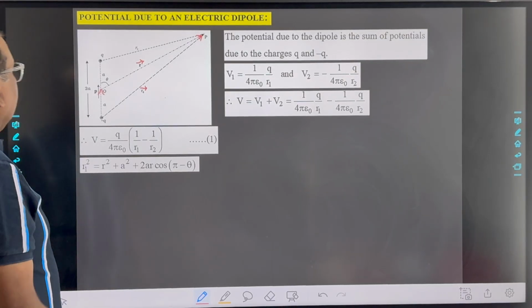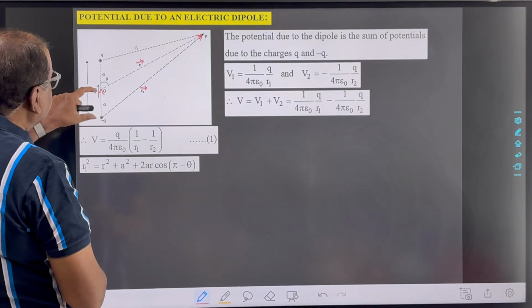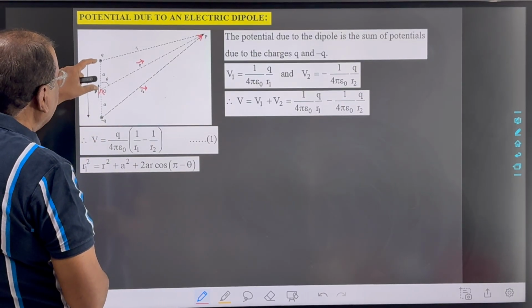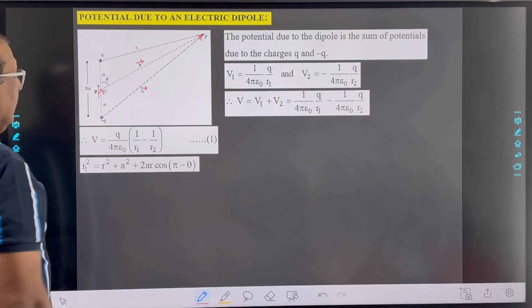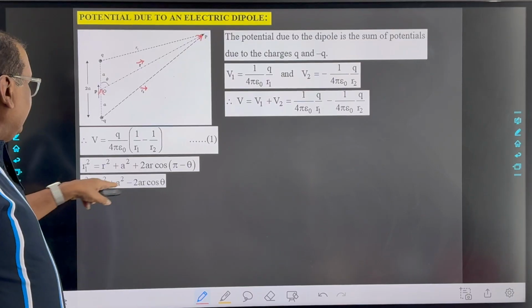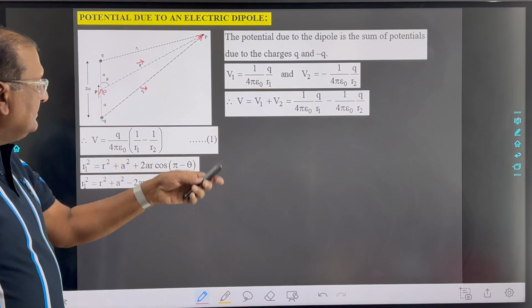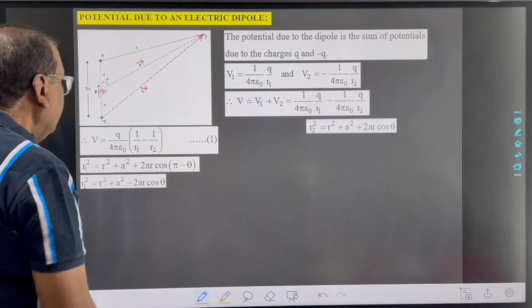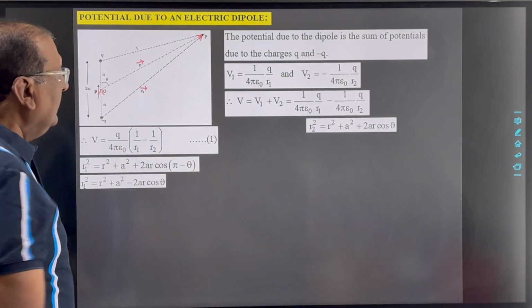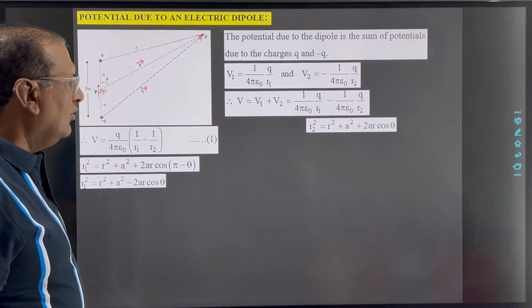So here the angle between R and A, you can extend this A like this, is theta. So in R1 square, cos pi minus theta is minus cos theta, this one is simplified. But now for R2 square you can write R square plus A square plus 2AR cos theta.